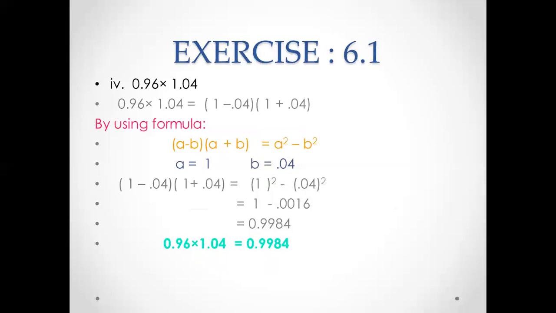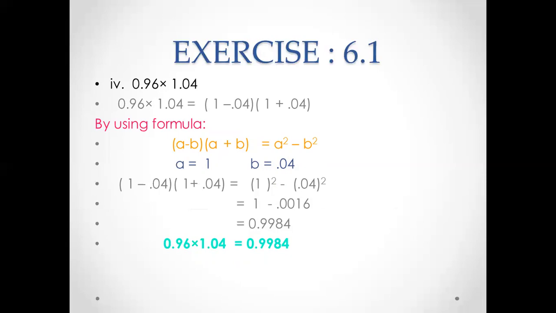Part 4: 0.96 multiplied by 1.04. Again, the larger number is 1.04. It is very easy to make the factors of this: 1 plus 0.04. And when we subtract these two numbers, we get 0.96. In our question, a is 1 and b is 0.04.